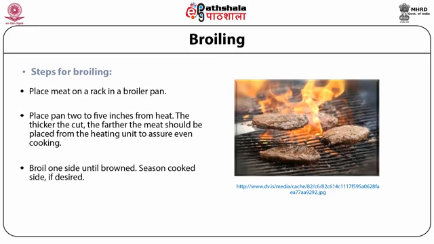Temperatures are higher for broiling than for roasting. The broil indicator of a household range is typically set around 550 degrees Fahrenheit, whereas large commercial appliances broil between 700 and 1000 degrees Fahrenheit.